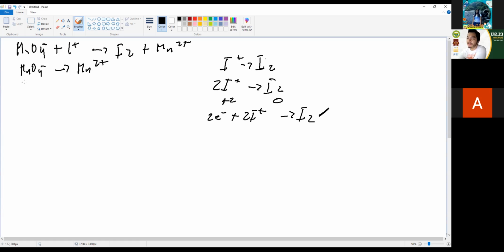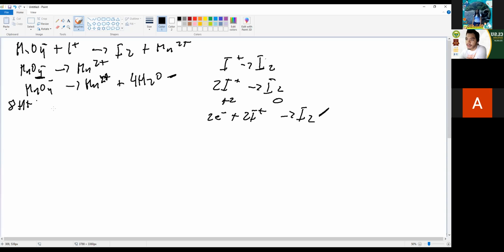I-balance natin. So, 4 yung oxygen dito. So, MnO4 negative will yield Mn2 plus 4 na water. So, balance na yung manganese, balance na yung oxygen. And now, we will balance hydrogen. So, you have 8 hydrogen here. So, since dito tayo sa right side nagdagdag, dito tayo sa left side magdagdag ng hydrogen.